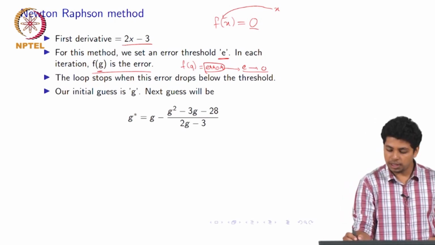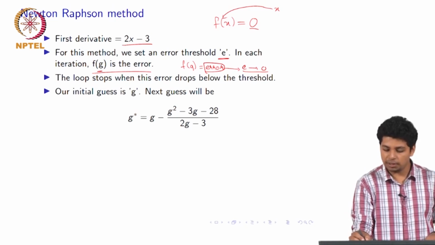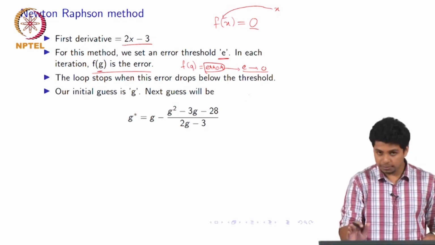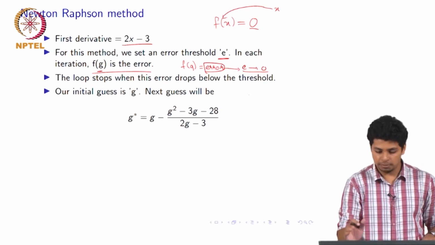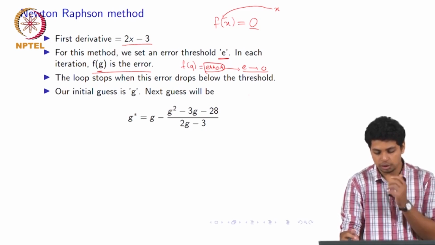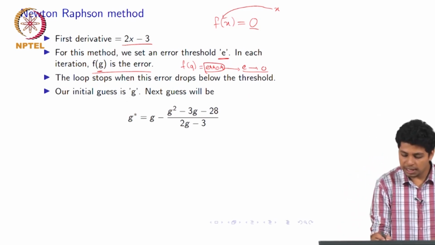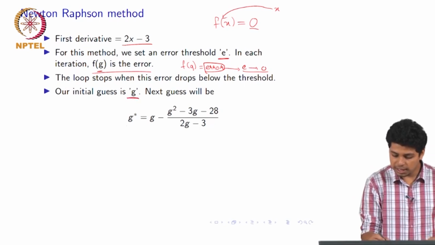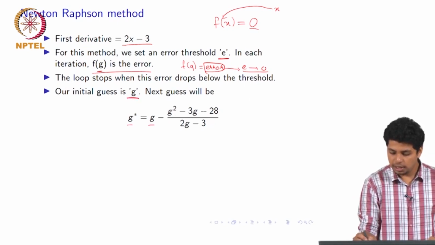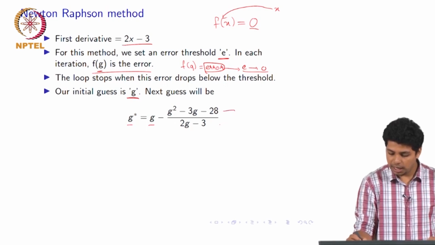So that is why we want to set a threshold for the error, and as soon as the error falls below that threshold, we will accept that g as our guess to be as close to the solution as we want. So say our initial guess is g, the next guess will be g minus f of g divided by f dash of g.